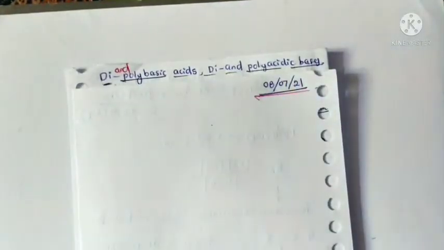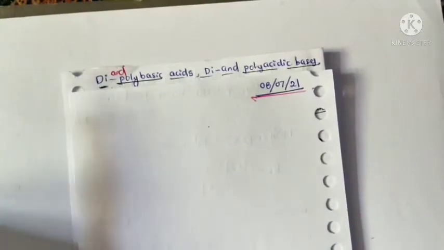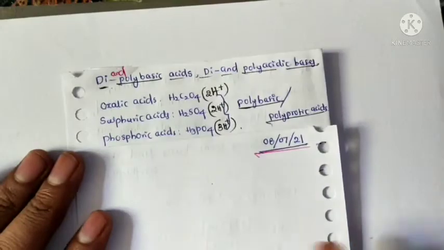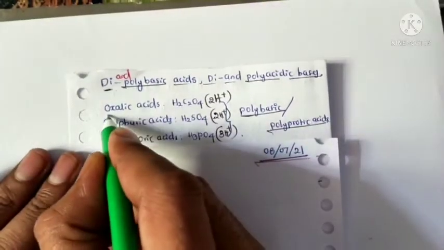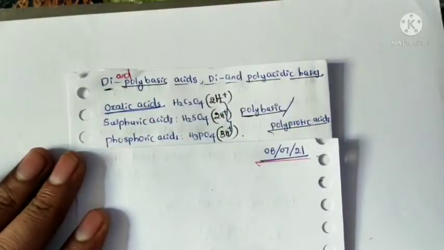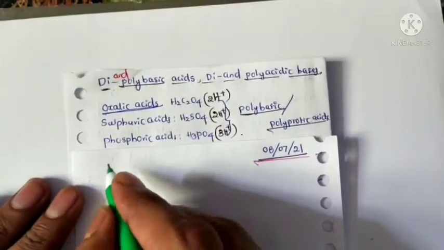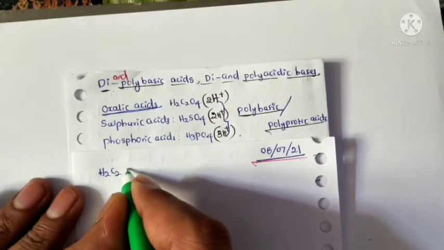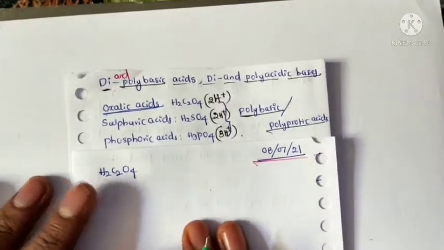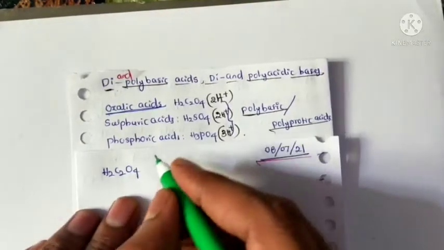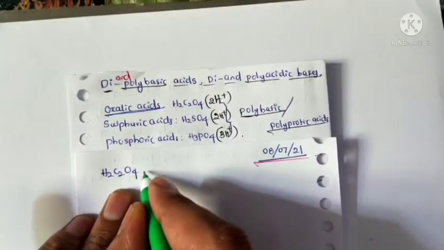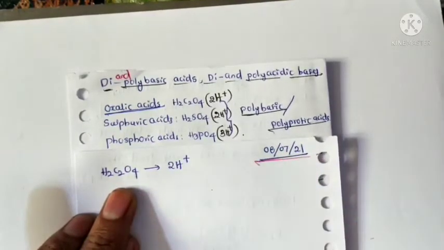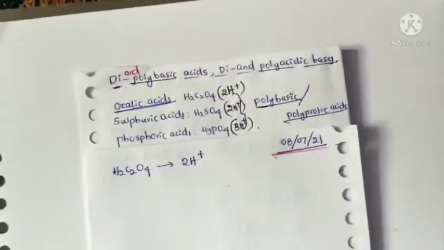For example, we take three acids. We take oxalic acid. What is the formula of oxalic acid? H2C2O4. This oxalic acid dissociates to produce two protons, because two hydrogens are there.